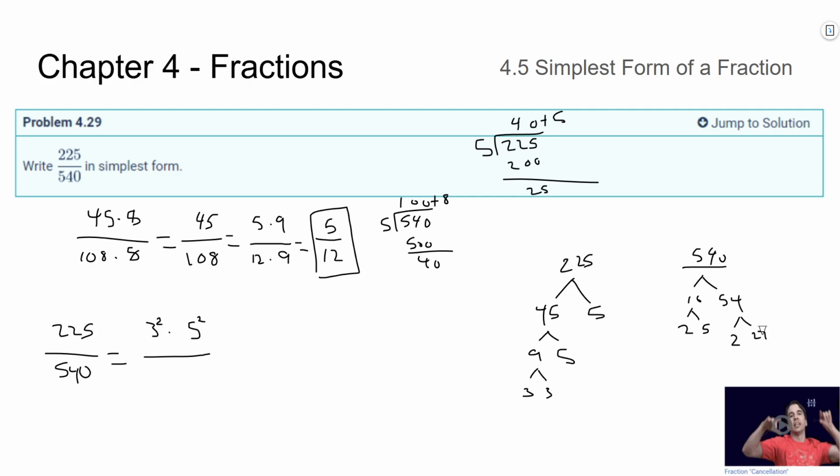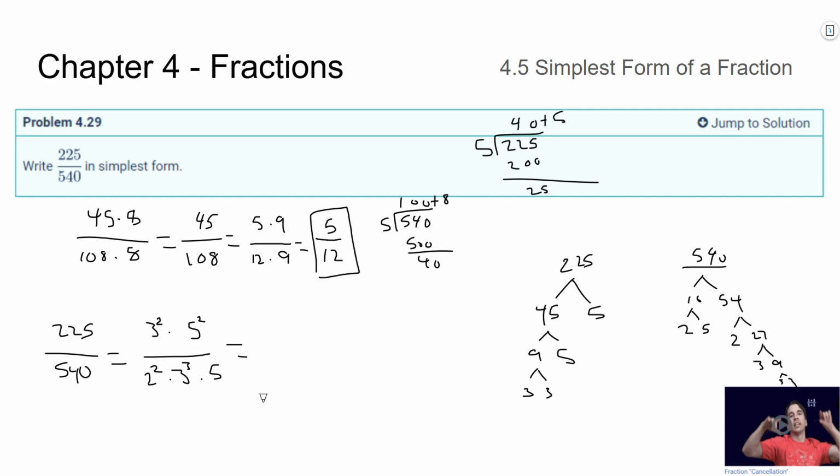And I think 27 is a prime. No, it's not. It's 3 times 9, and 3 times 3. So we have 2 squared times 3 cubed times 5.